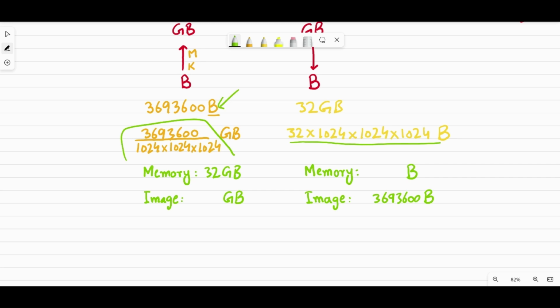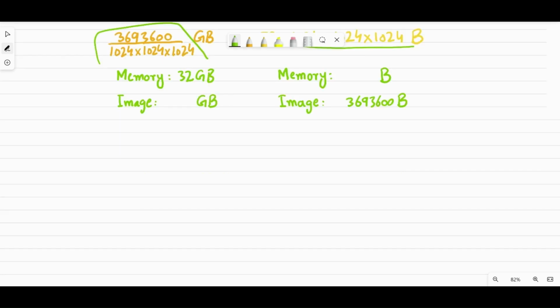This is the image size, this is where I copied from. In both of these cases, we have a general rule of thumb, which is that we need to do the total memory divided by the single image size.